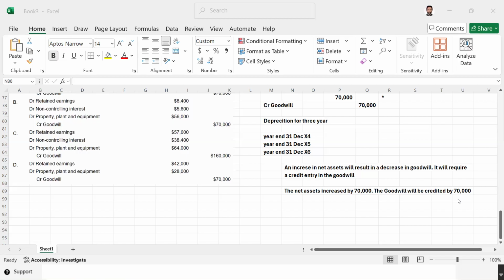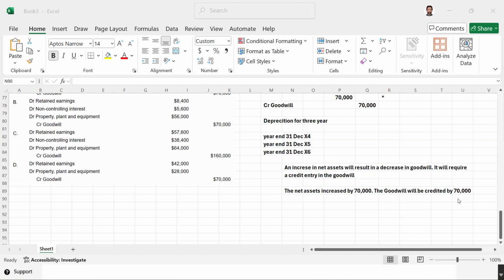No, it will be the same. The asset will increase by 70,000. However, the depreciation would be charged. So a debit depreciation would be a decrease in the retained earnings and in the NCI.